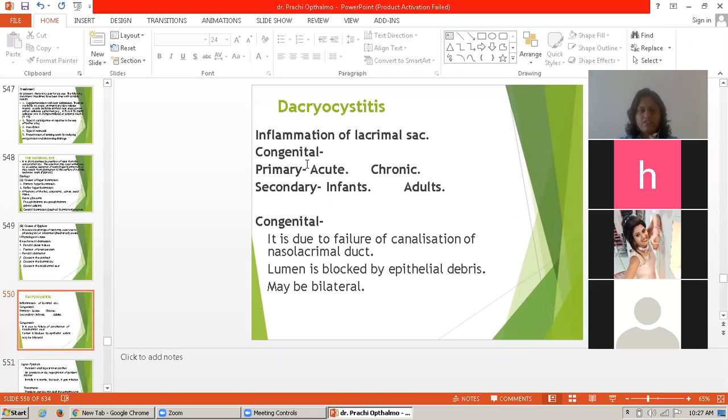So it may be congenital, in that primary and secondary type. In the primary, there is acute and chronic, and in secondary, it is seen in infants and in adults due to some disease.